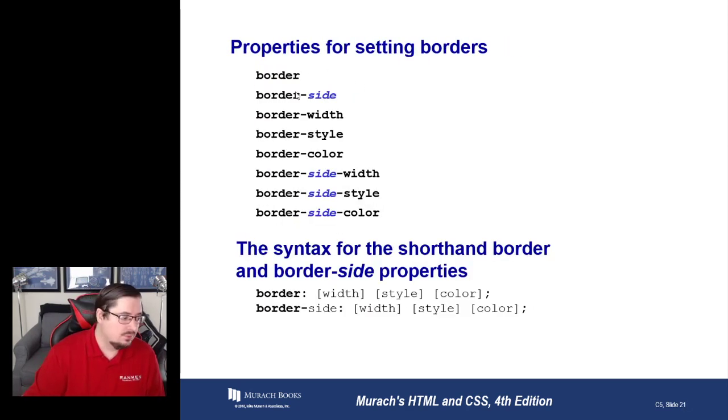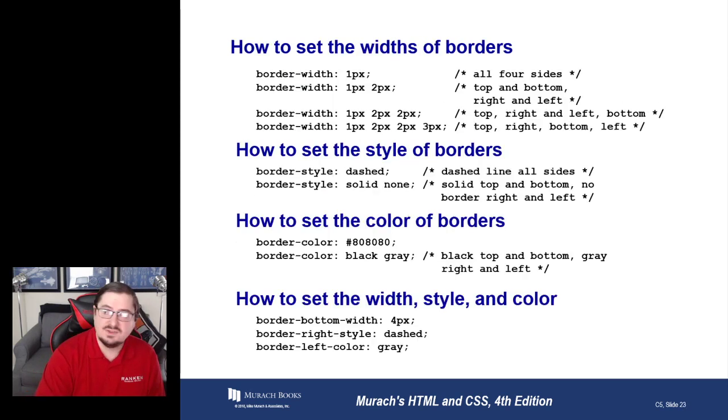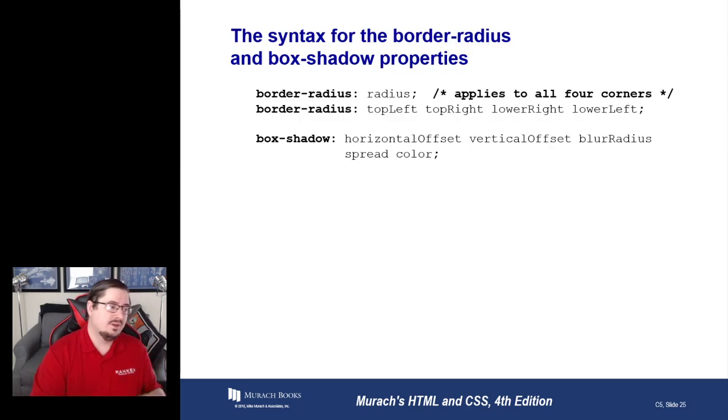Border, border side, border width, border style, color: none of these will set the radius, so it's always something we have to set on top of setting the border. So I can say border radius and then just set it to a value. Let's say border radius 0.5 em. Then all 4 corners will be rounded with that specific radius.